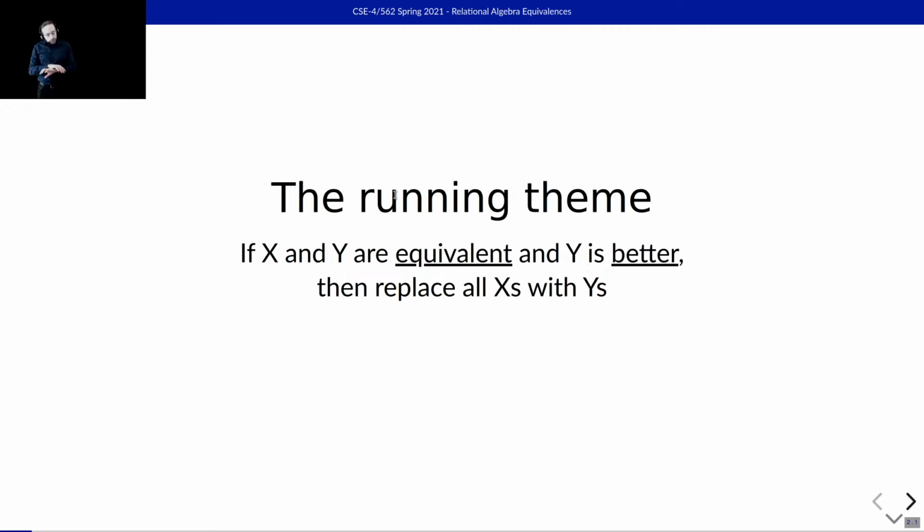Once we look at the design space, we want to find all of the solutions that produce the same answer, that are equivalent in some way, and find the ones that are better.